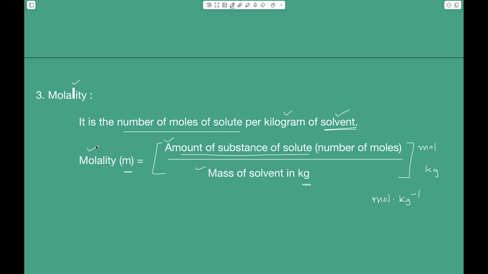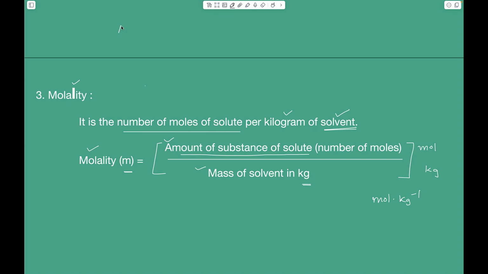Now the question is, where is this concentration term molality used? Remember, we started discussing solutions because it is easier to carry out some chemical reactions in solutions.